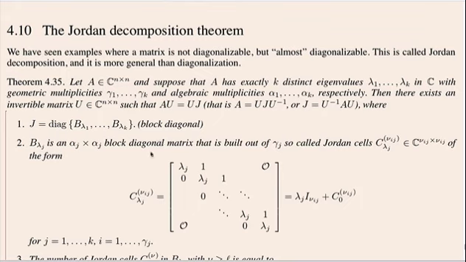And it's still not a diagonal matrix, it's block diagonal, which is built out of gamma j, which is the geometric multiplicity of the eigenvalue, so-called Jordan cells, C lambda j mu ij, a complex mu ij by mu ij matrix. And these Jordan cells have this form that lambda j is in the diagonal, and in the super diagonal you have 1's and 0 everywhere else.